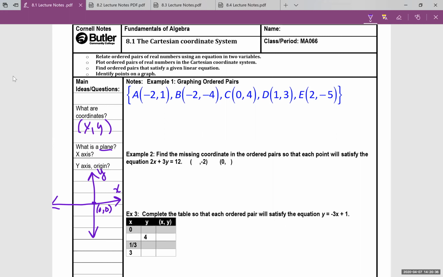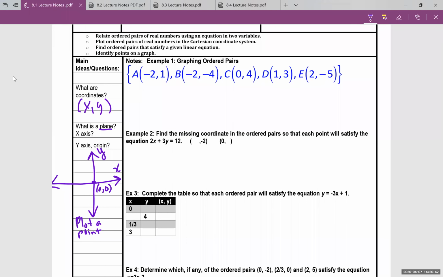When we plot a point, you have to remember that you do the x, going side to side, before you do the y, which is up and down. So first you plot the x going side to side, and the y is second, and you plot that going up and down.